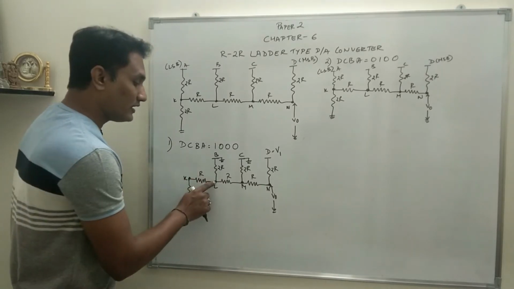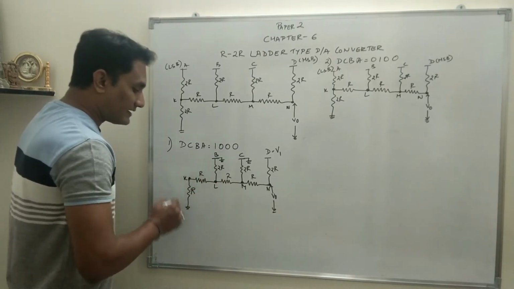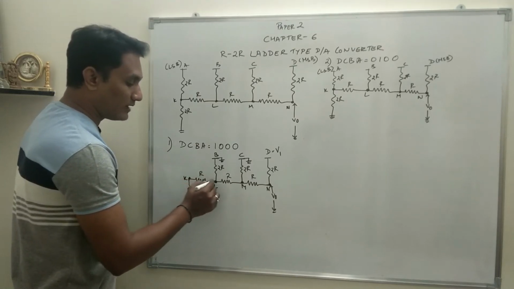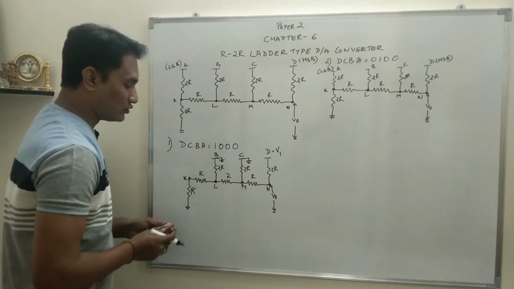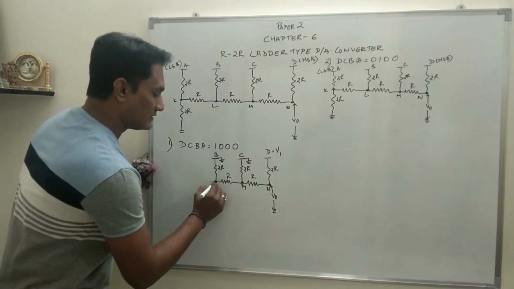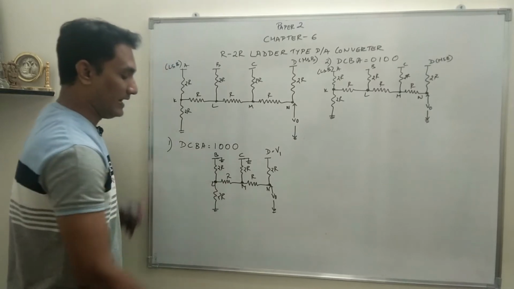So what happens to the point to the left of L? The entire circuit will reduce to a resistance of R plus R, 2R, between L and ground.